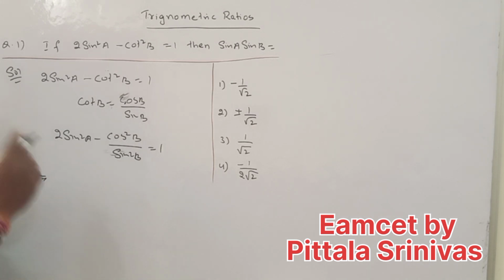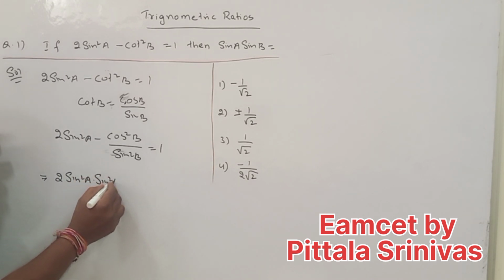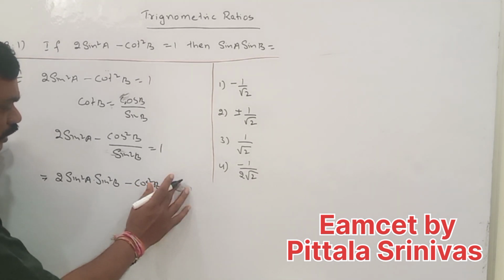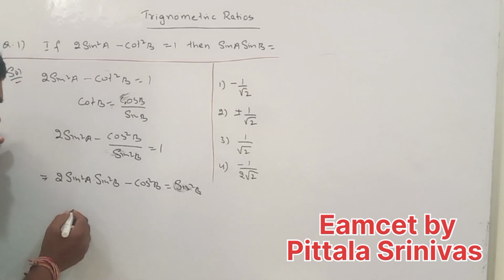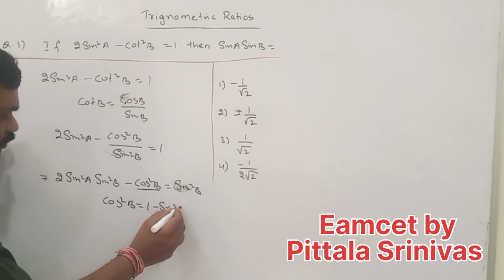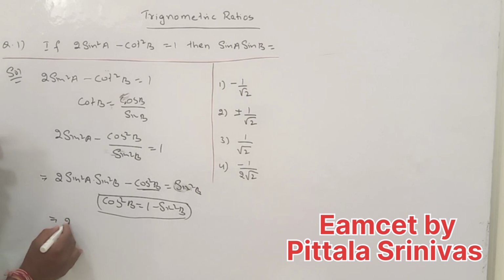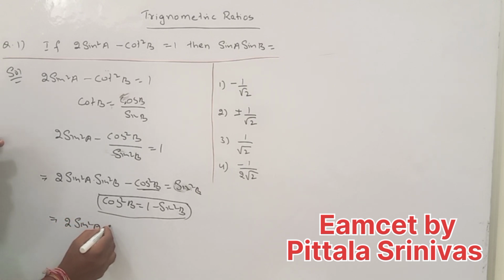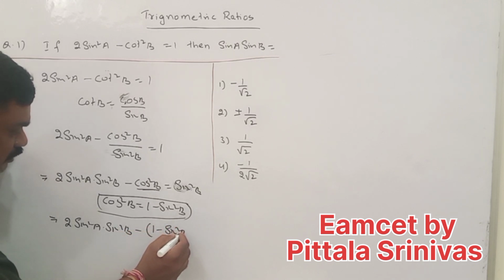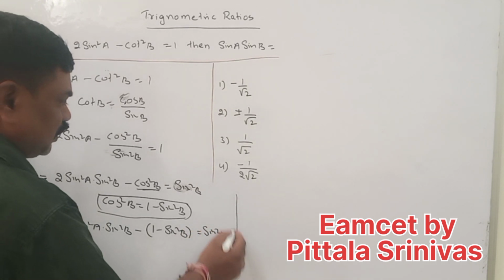Take LCM as sin square B, then 2 sin square A into sin square B minus cos square B is equal to sin square B. So you have to write cos square B is equal to 1 minus sin square B. So from this one, this is 2 sin square A into sin square B minus of 1 minus sin square B is equal to sin square B. Then what we will have?